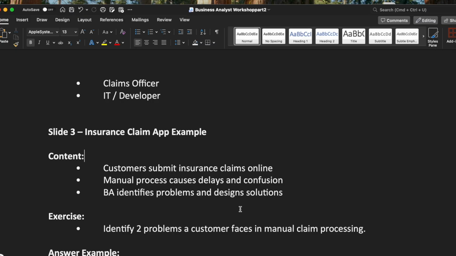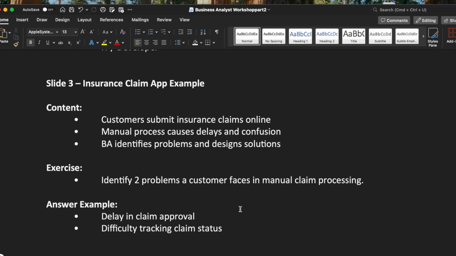So delay in the claim process and difficulty tracking status are problems. When you order food or anything, you can track it, and even if it takes time, it's okay. You have that transparency, you know where your order is. So in all applications we have to keep updating the customer. That's a good feature. Okay, so we are moving on to the next one.